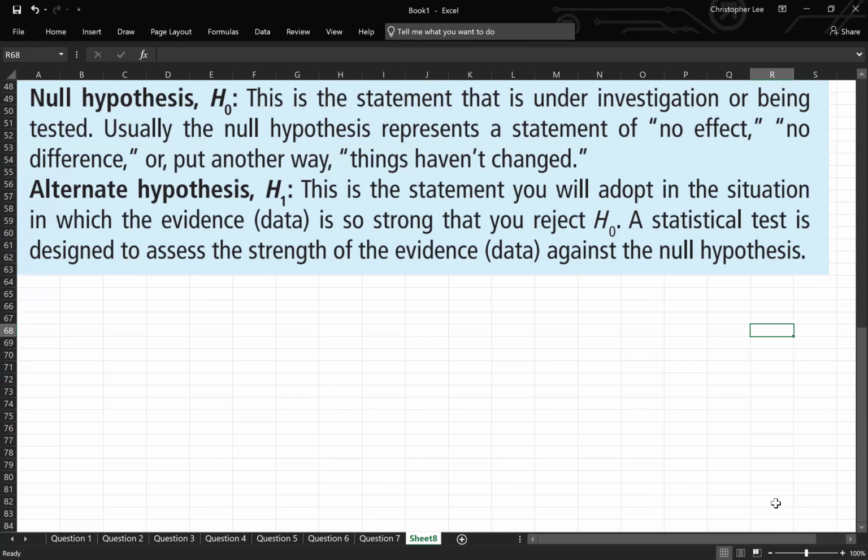So anyway, step 1 is stating your null and alternative hypothesis. Step 2 is I want you to tell me what your test statistic is. If you look at your formula sheets, look at chapter 9 for the hypothesis testing. You're going to see that there are two test statistics there.